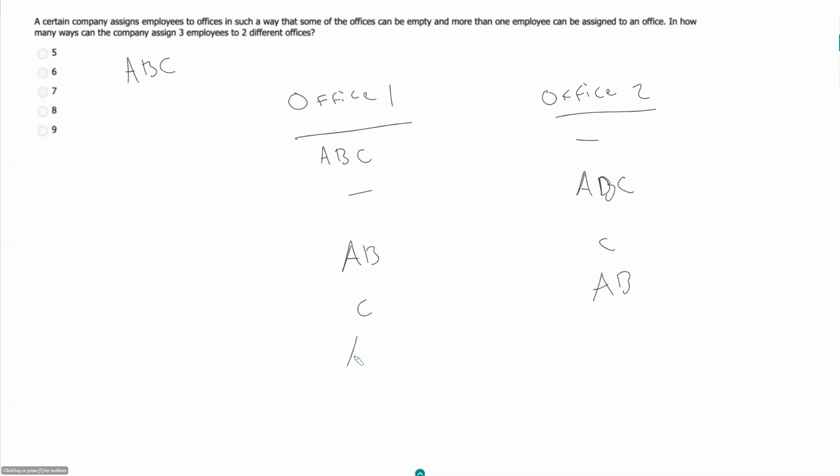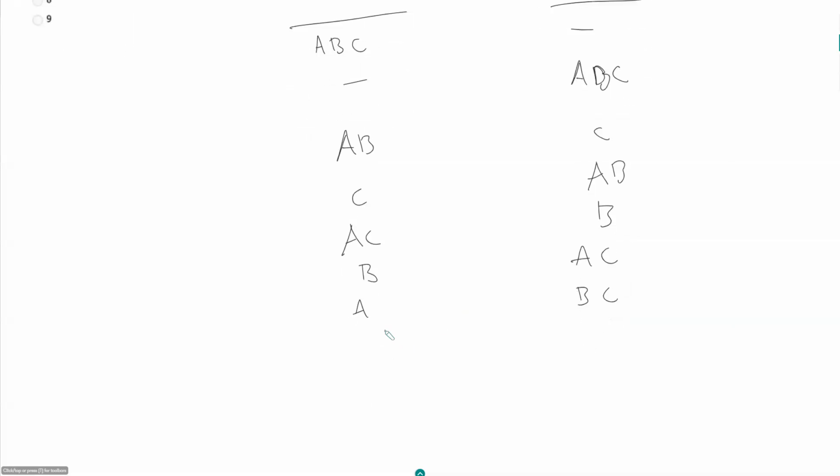And then we can also have AC over here and B over here, or B over here and AC over here. And then we can also have A here and BC here. And I think that's it, right?